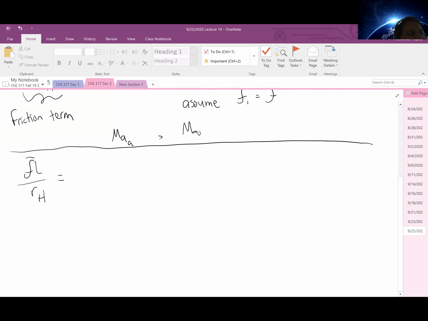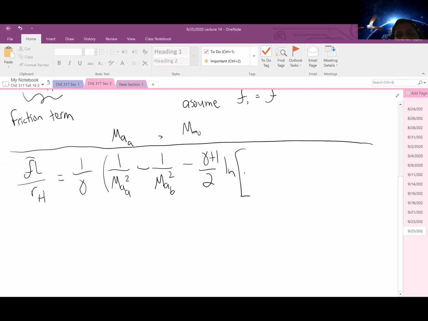And we get the expression that looks like this: 1 over gamma times the quantity 1 over Mach number A squared minus 1 over Mach number out, or B squared, minus gamma plus 1 over 2 times the quantity of natural log of 1 plus gamma minus 1 over 2 times the quantity Mach number A squared.